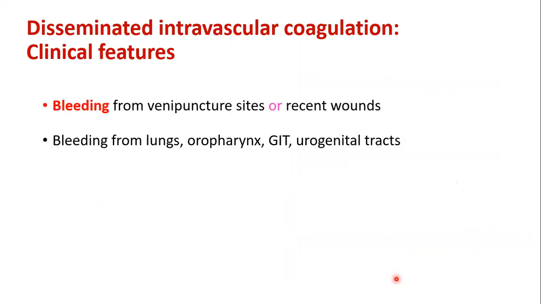So what is the clinical presentation of DIC? Nowadays in clinical practice, these are usually inpatients in ICUs, ICU patients having other severe complications because of the causes I explained just now.